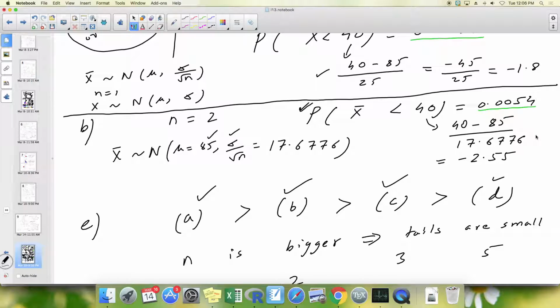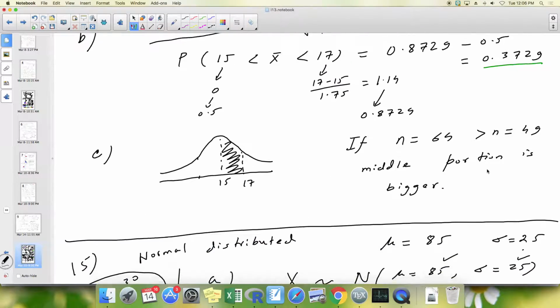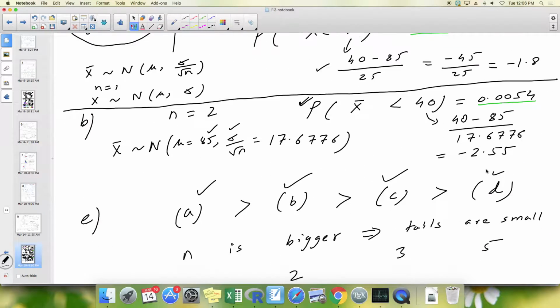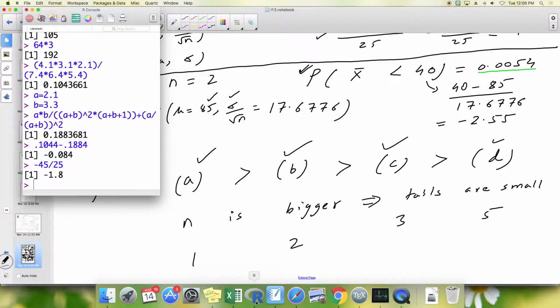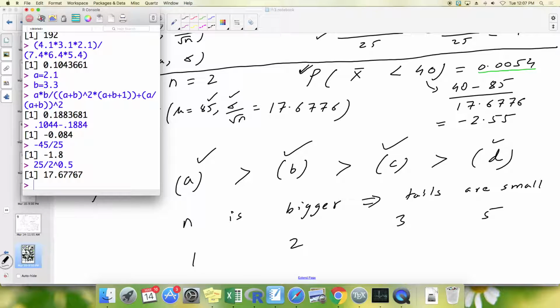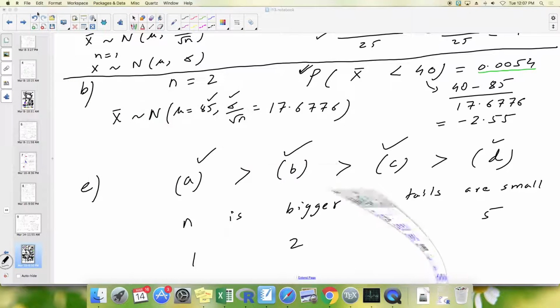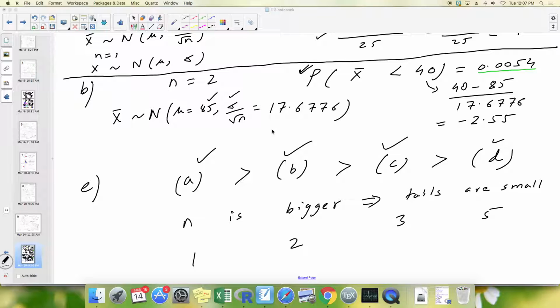Sigma is 25, so it's 25 by square root of 2, which is 17.6776, and that's what I wrote. If you do the usual stuff, find the z-score minus 2.55, and then go to the z-table, you'll find 0.0054.